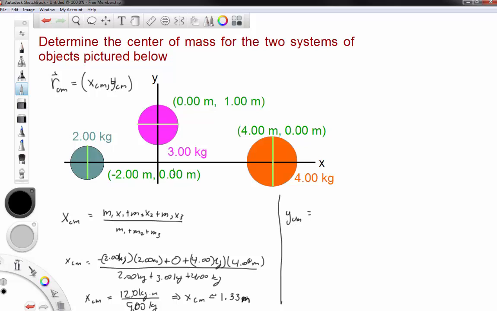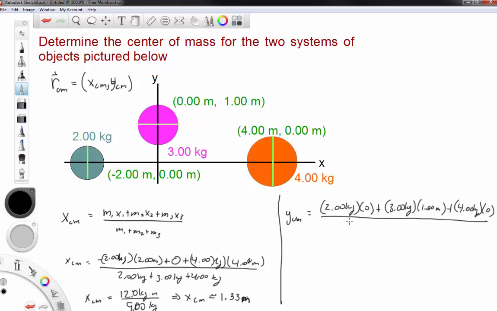The y center of mass is given by 2 kilograms times 0, plus 1 meter times 3 kilograms, so 3.00 kilograms times 1.00 meters, plus 4 times 0, so 4.00 kilograms times 0 meters.